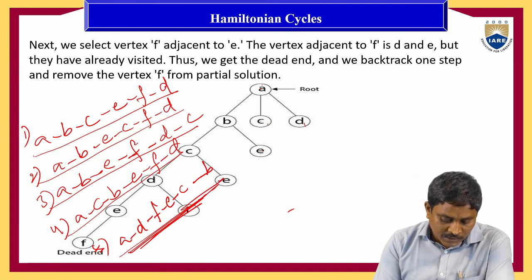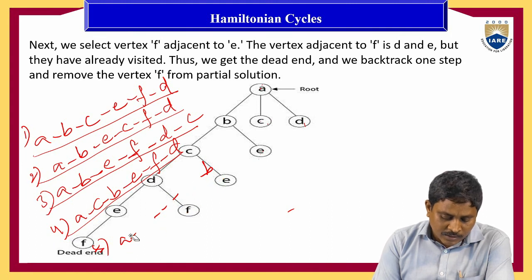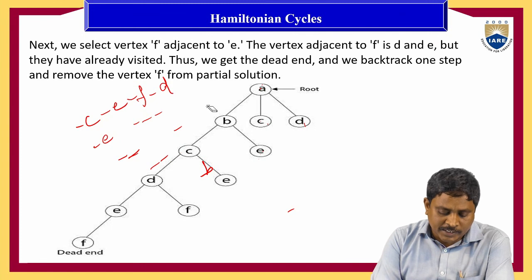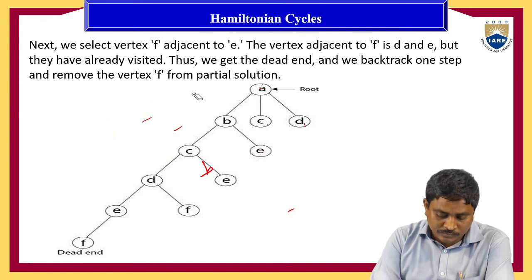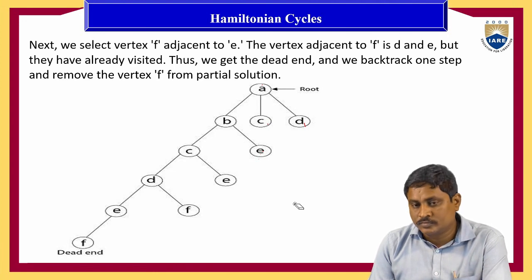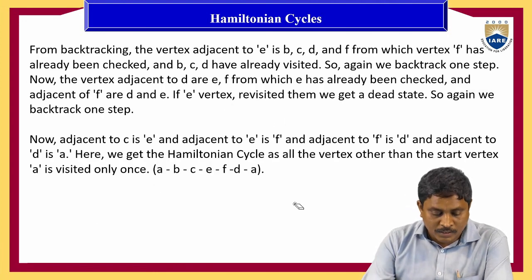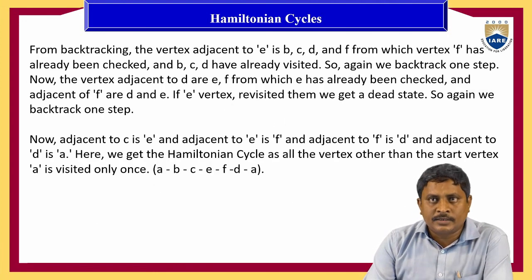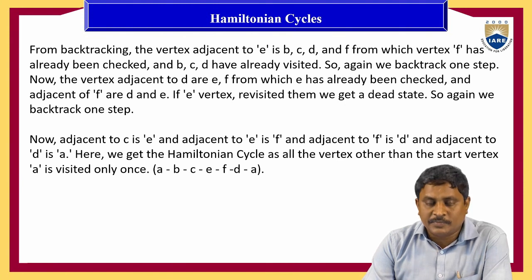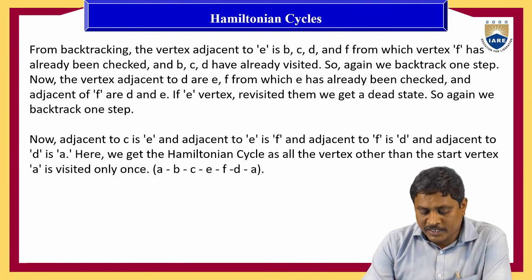So this one is a Hamiltonian cycle. How to find the Hamiltonian cycle by using backtracking. Now, from backtracking, the vertices adjacent to E are B, C, D, and F has already been checked, and B, C, D have already been visited.